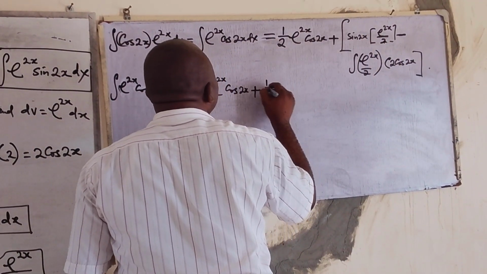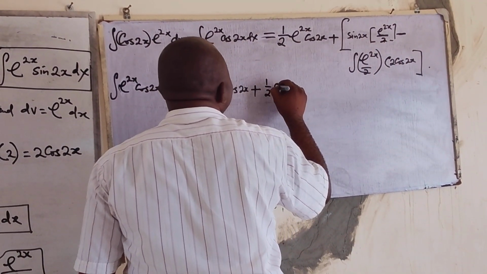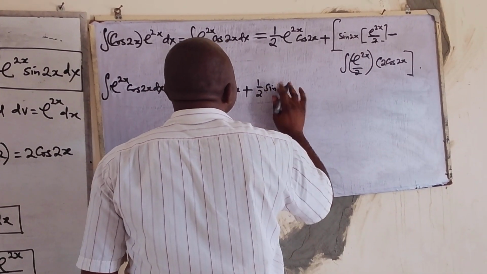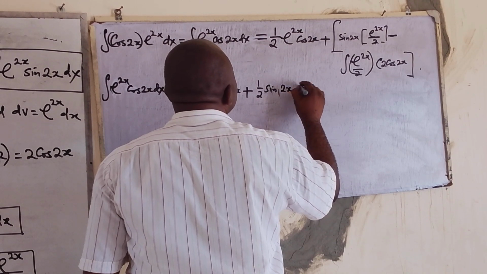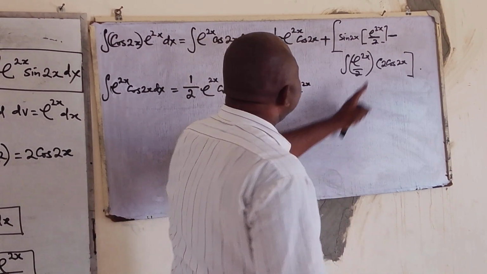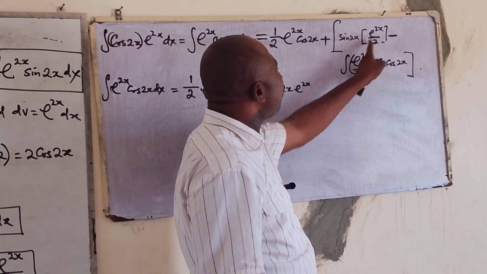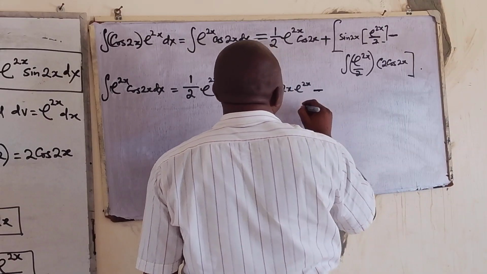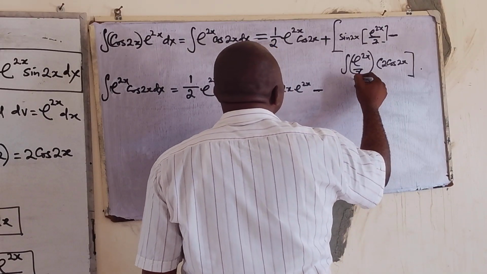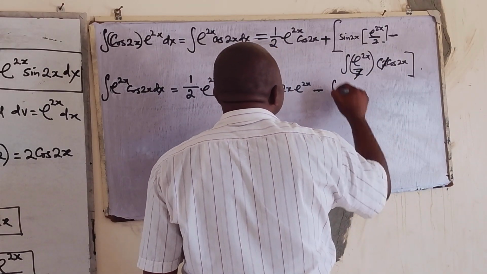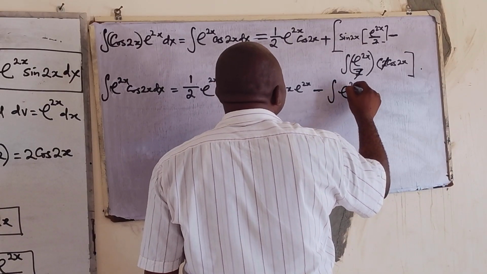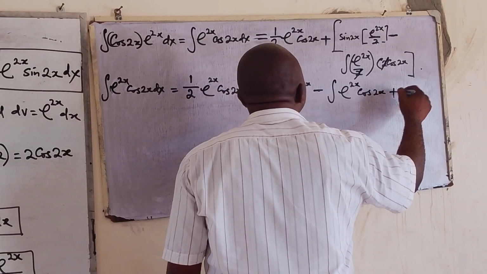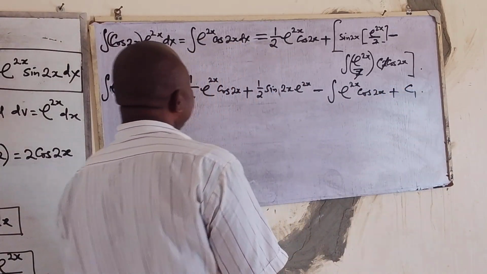So we have 1 all over 2 sine 2x e raised to the power of 2x, minus, then here this 2 will go with this 2. So we'll be left with the integral of e raised to the power of 2x cos 2x plus c1.